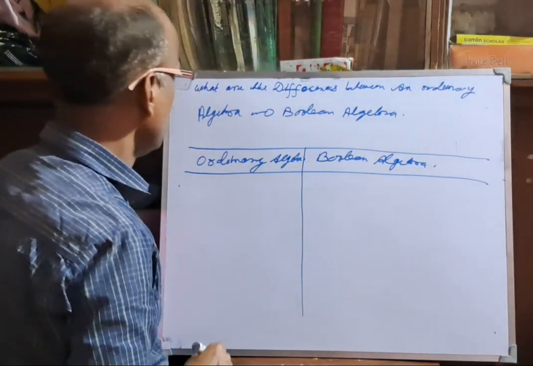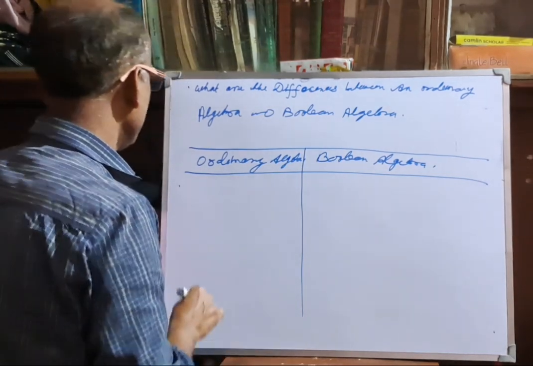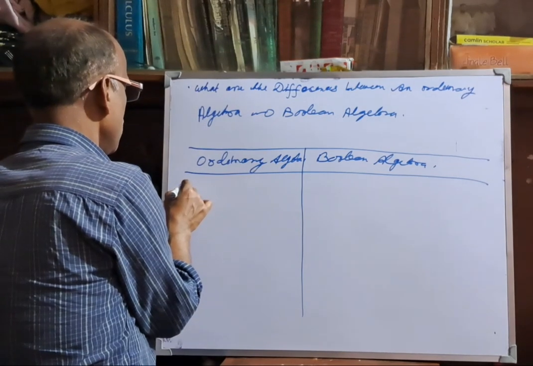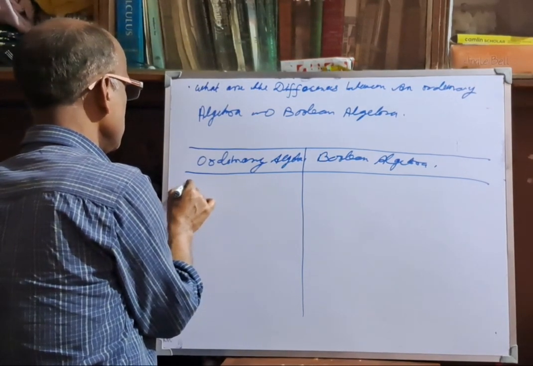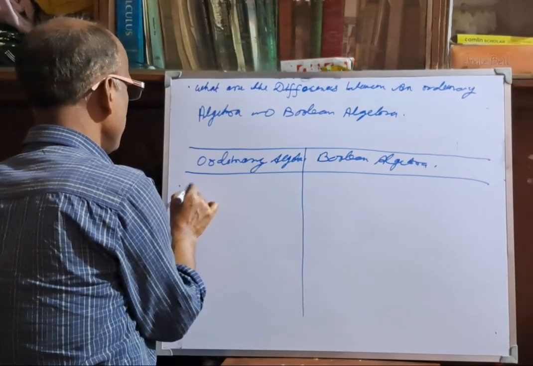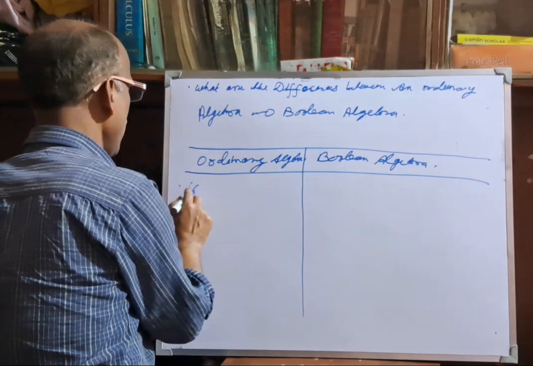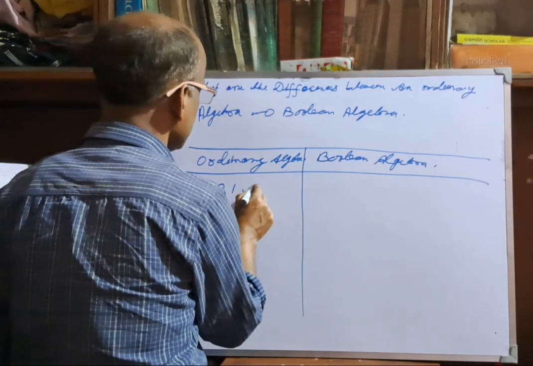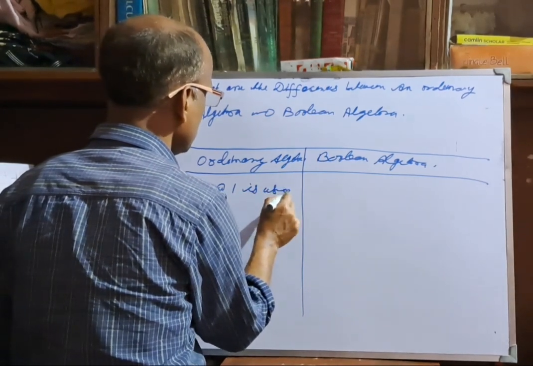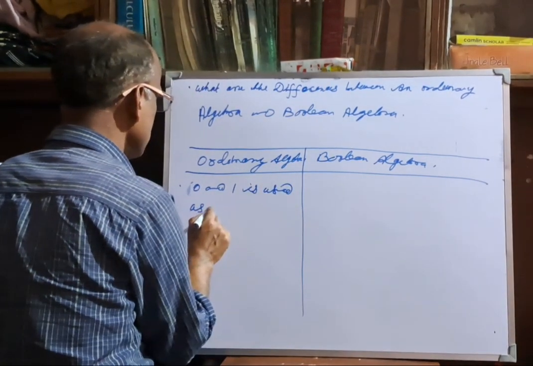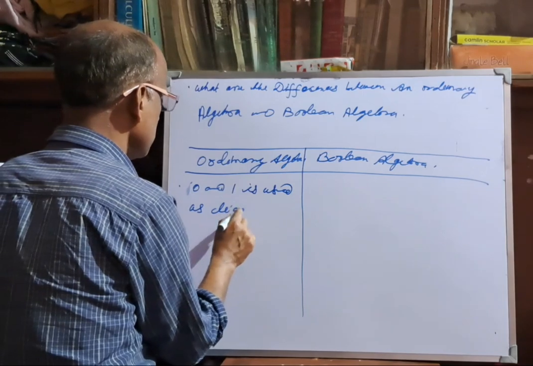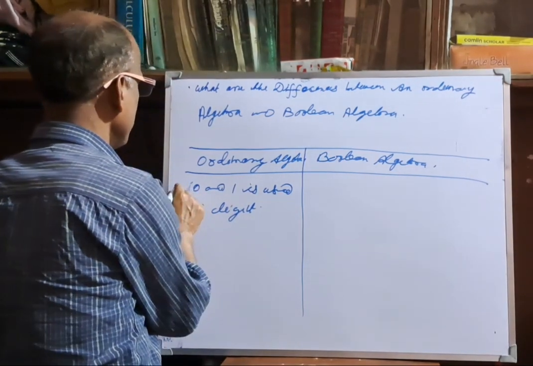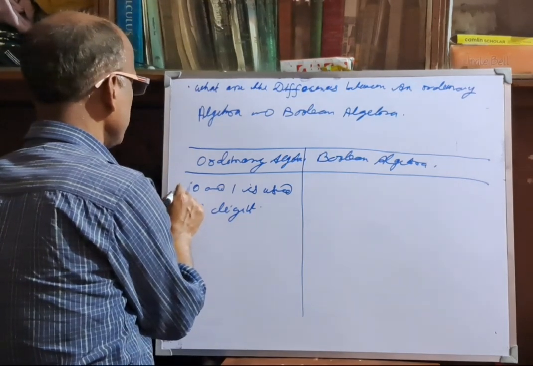In an ordinary algebra, 0 and 1 are used as digits, to express numbers. This is number 1 I can give here.